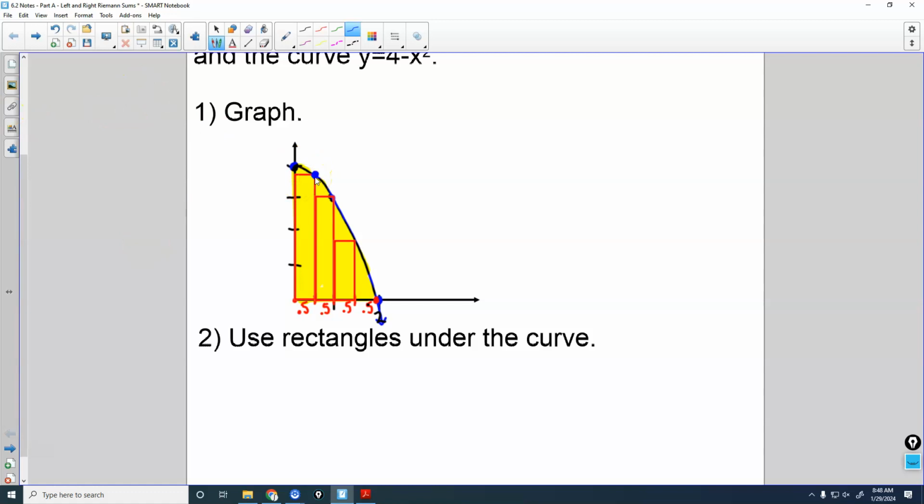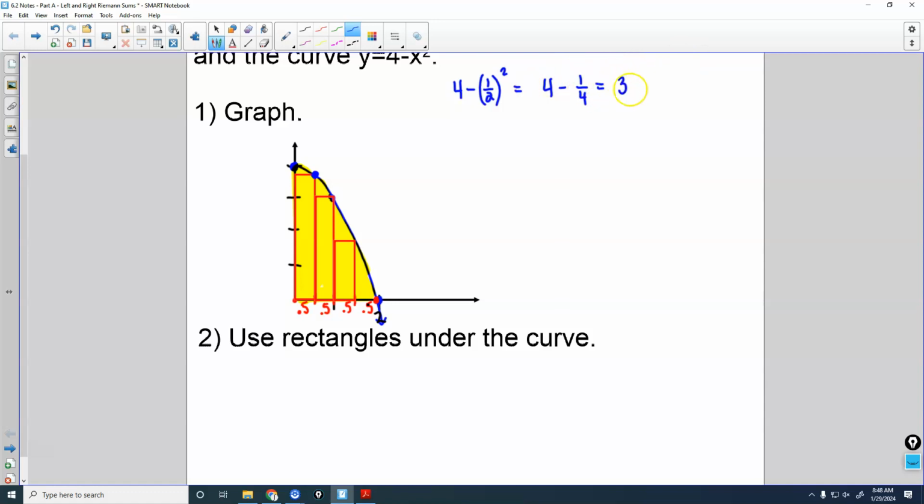We plug in 0.5 into the equation, right? So if I do 4 minus, I'm going to use 1/2 instead of 0.5. You can use 0.5 if you want, I guess. So we got 4 minus 1/4 whenever we square it. And so that'll be 4 minus 0.25.